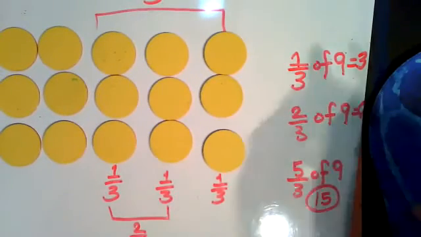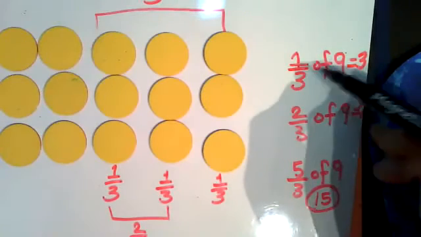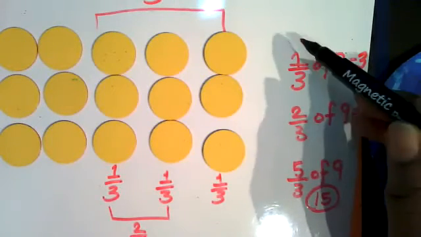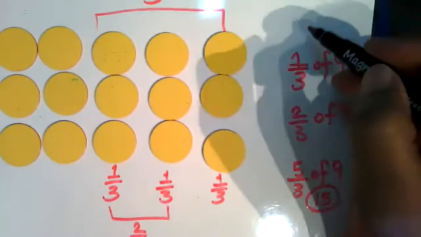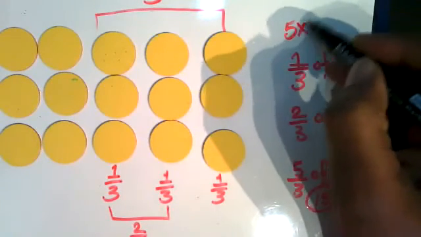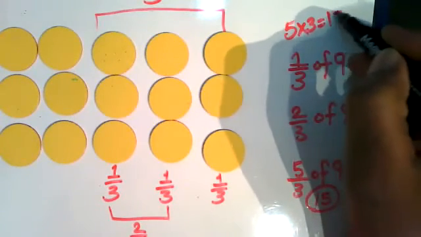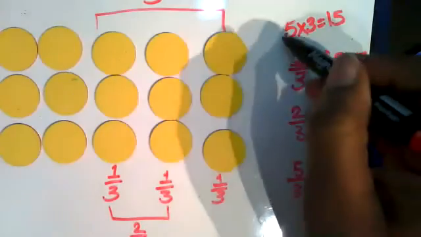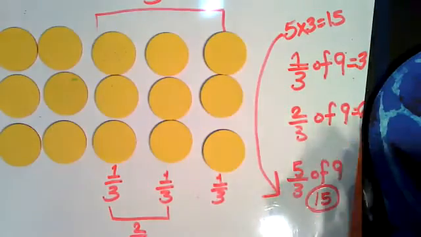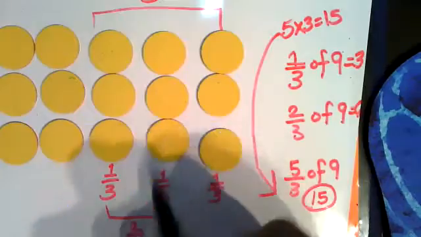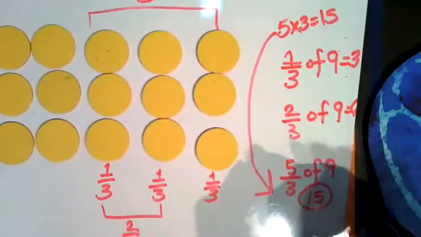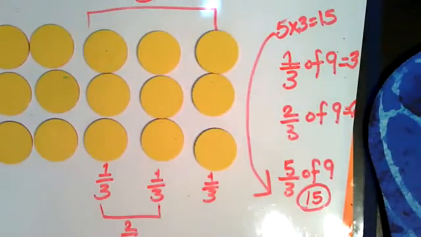You can also think of the 5 groups of 1/3. We know that each group of 1/3 has 3, so 5 groups of 1/3 gives me 15 as well. You could also think about 3/3, which is all of these, plus an additional 2/3, which would also get you your 15.